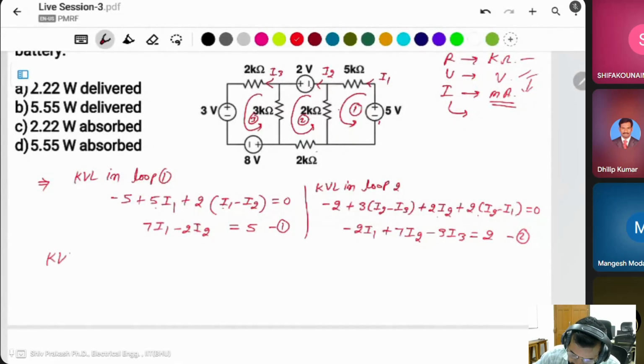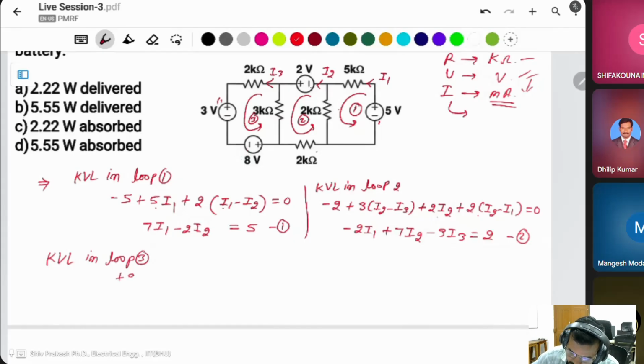Then KVL in loop 3. Same thing, start from this one. Anywhere you can start, minus 8, or you can start from 3.